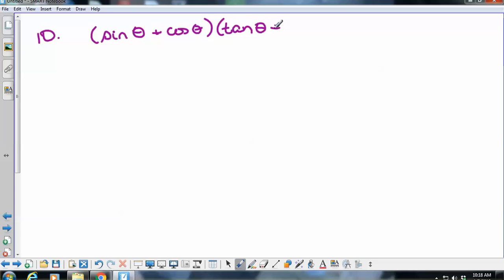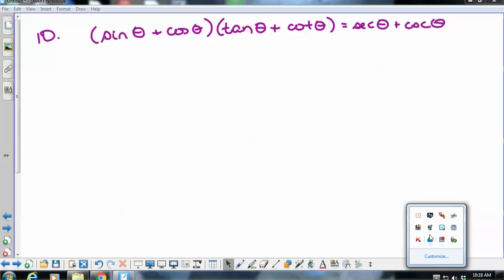Then let's do 13. Okay, because they're kind of cute numbers. Why don't you guys take a minute and see where you can get with this?